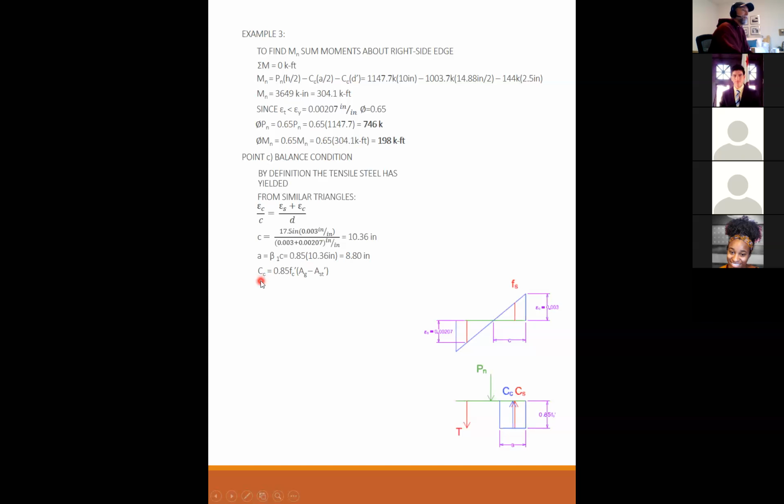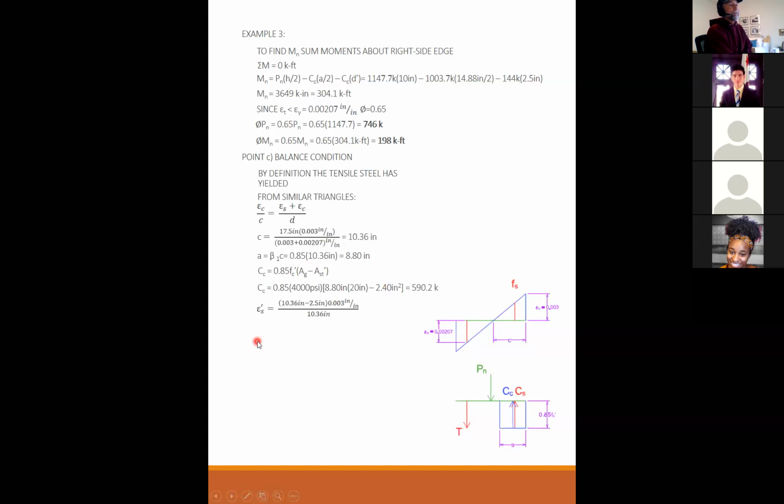So C sub C, the compression in the concrete. And again, I plug in the same values, but A is 8.8, the width is 20, the steel on one side is 2.4. I get 590.2 kips for compression in the concrete.